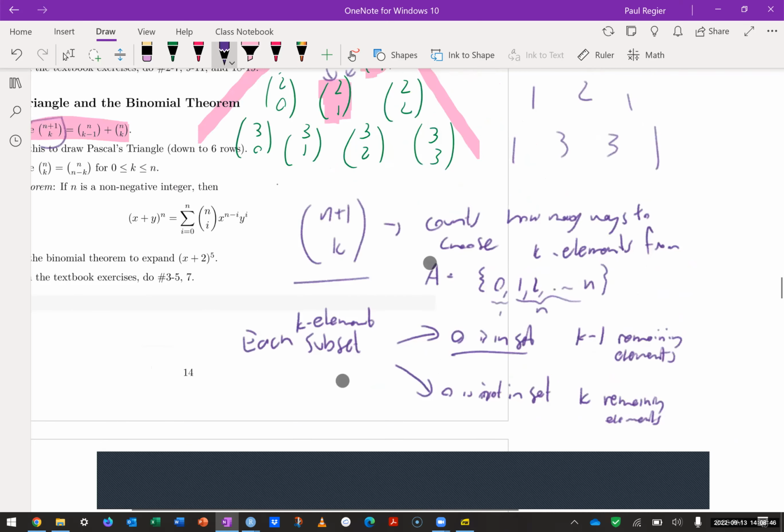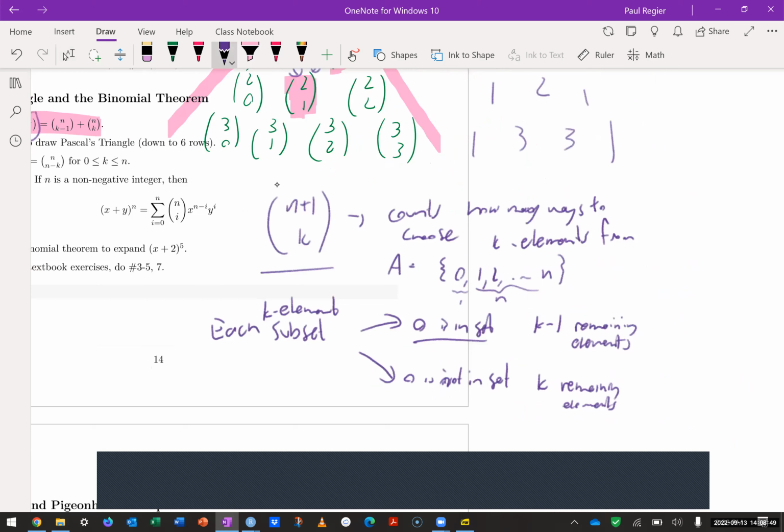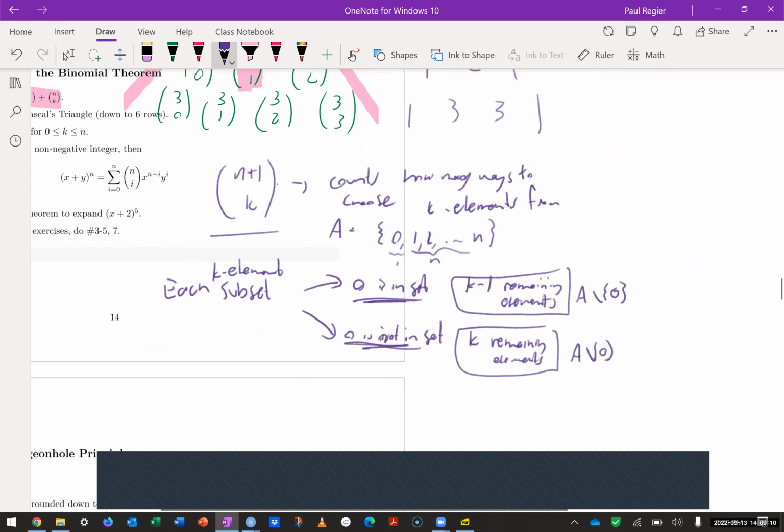And in each case, the remaining elements are of the set A minus 0. Because if 0 is not in the set, there's k elements which are not 0. And if 0 is in the set, there's k-1 elements which are not 0. So both remaining are of n elements. The remaining elements are 1, 2, up to n, right? Because 0 is not in this set here.